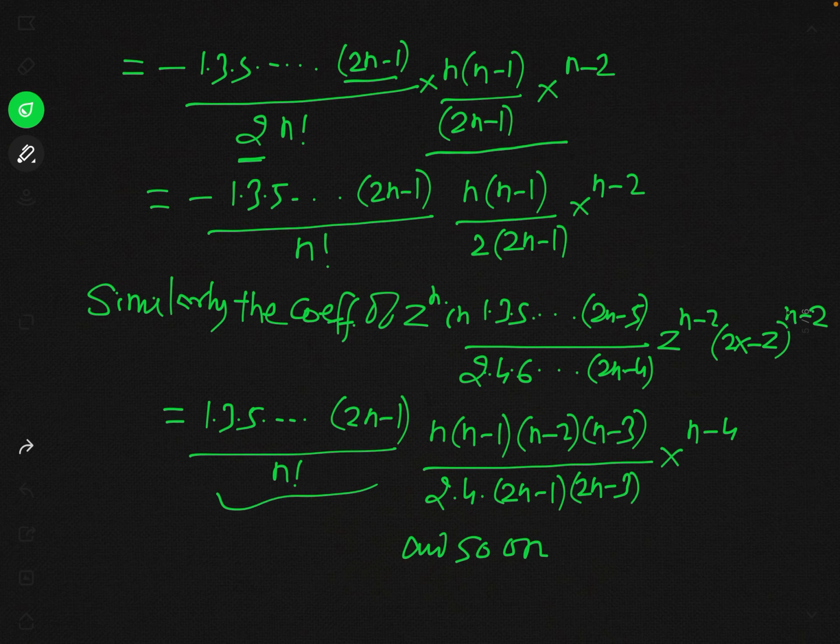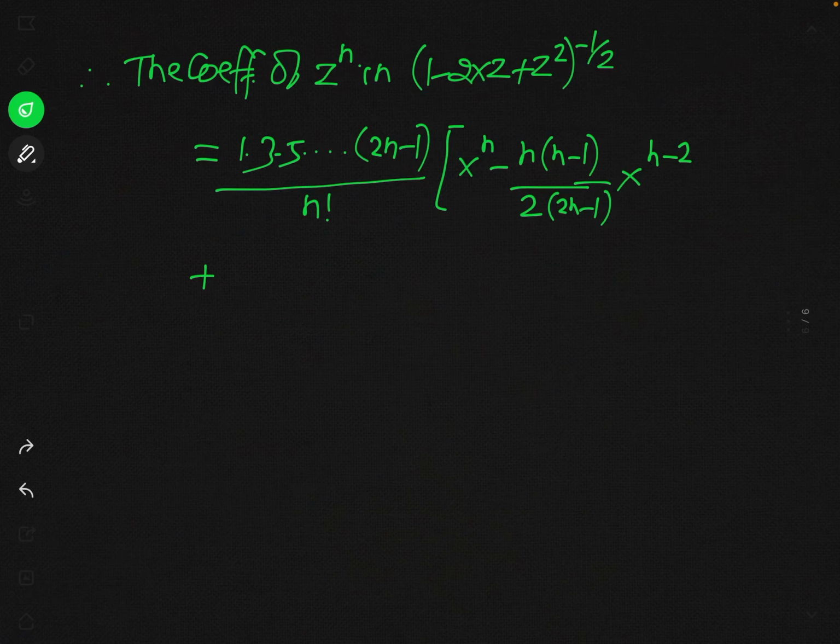now see in this term containing 2x minus z to the power n minus 2. In this term you can see there remains, apart from this, n into n minus 1 into n minus 2 into n minus 3 divided by this much into x to the power n minus 4, and this is a positive term.